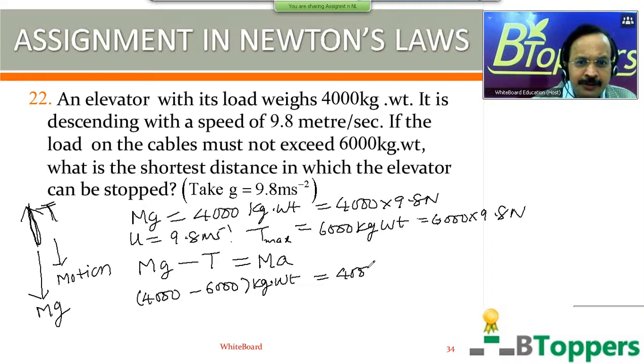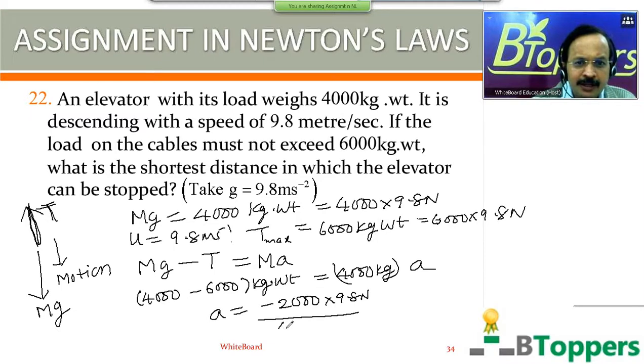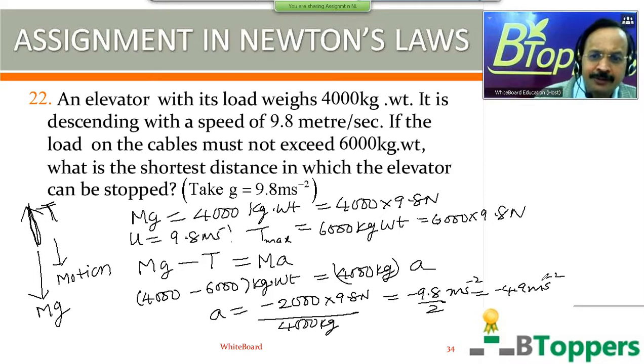The mass m of the elevator or system along with contents is 4,000 kg. So the acceleration for the retarded motion will be minus 2,000 kg weight, meaning into 9.8 newtons, by 4,000 kg. So you get acceleration as minus 9.8 by 2 meters per second squared. That means it is moving with a retardation of 4.9 meters per second squared in the downward direction.